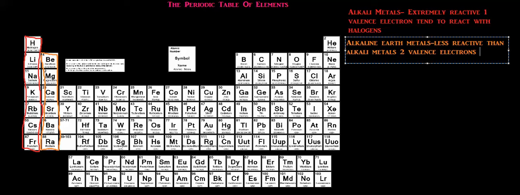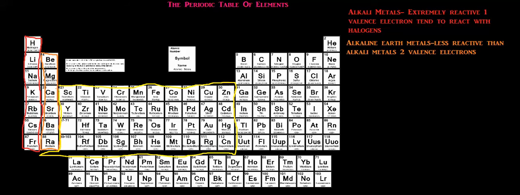And going back to our bingo example, if you have 2 spaces left in bingo, you're not as excited to yell bingo once you get rid of those 2 spaces. You still have a sufficient amount of time to go. In the same way, alkaline earth metals are less reactive and less eager to get rid of those 2 valence electrons.